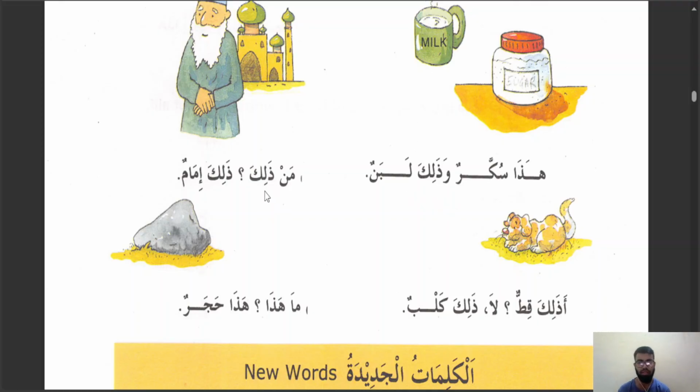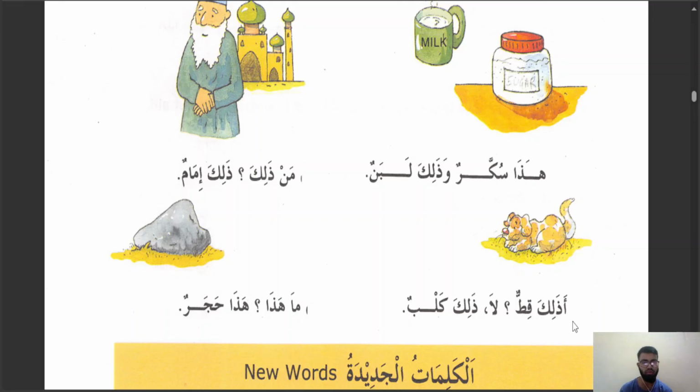Man dhalika, who is that? Dhalika imamun. Remember I told you we use Man for living things and Ma for non-living things. So Man means who. Man dhalika, Dhalika imamun. That is an imam, a leader, or someone who leads prayer in a mosque.